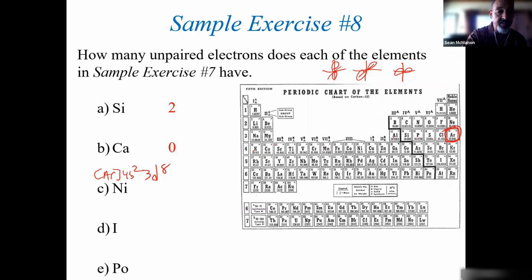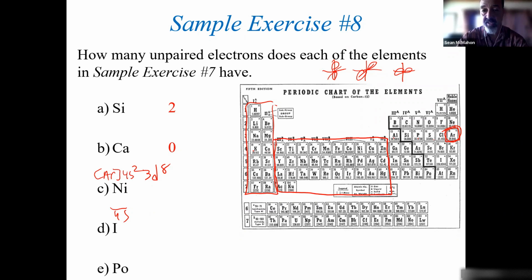So the 4s, if you remember, there's 1 orbital in the s sublevel. Why? The s block has 2 positions. How many orbitals in the d sublevel? This is where students get a little tricked up. If I look at my d block, how many positions? 1, 2, 3, 4, 5, 6, 7, 8, 9, 10.